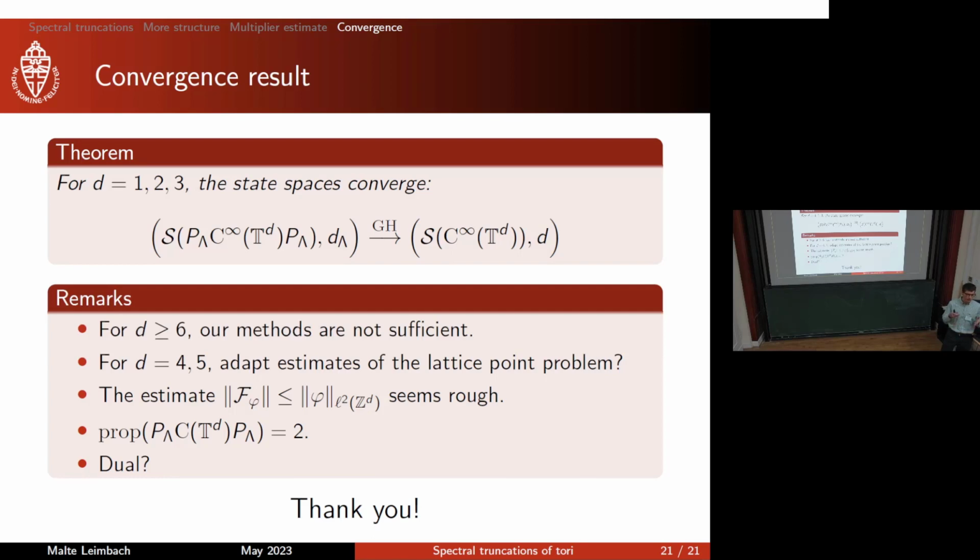In that case, it basically comes down to taking tensor products of what you see for the circle. However, this is not really a spectral truncation, right? If you really want to truncate to all the eigenvalues that are less than your given parameter lambda, you have to deal with this disk.